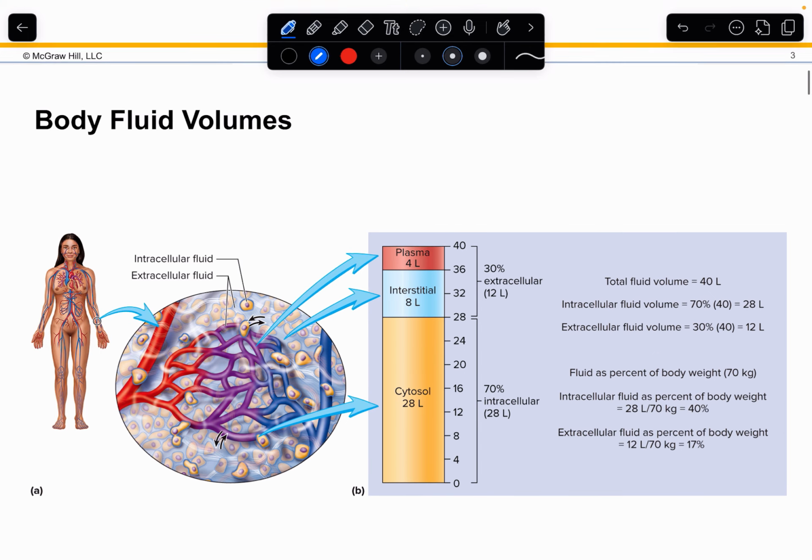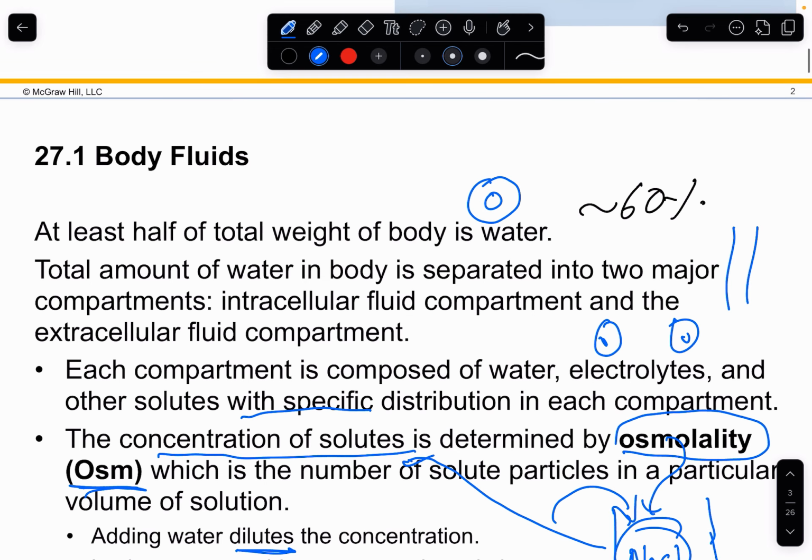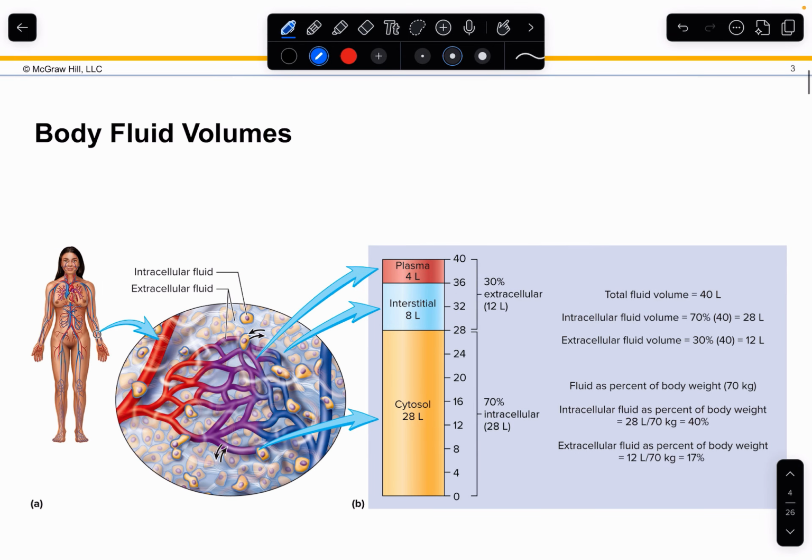So here is one of the few things I want to explain. The intracellular environment contains a high concentration of ions inside the cell. You see potassium, magnesium, then what else?